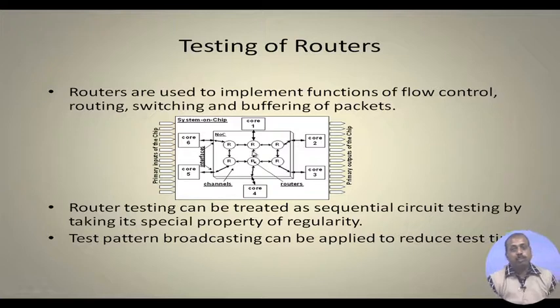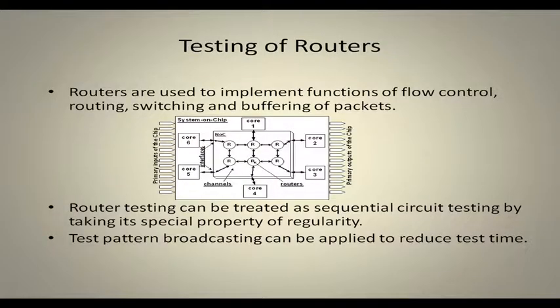That is one good thing, but at the same time these routers have some sequential elements as well as some combinational elements, and the sequential elements include discrete flip flops as well as some memory components. Memory testing is another very challenging task, and that part also has to be a part of this router testing.